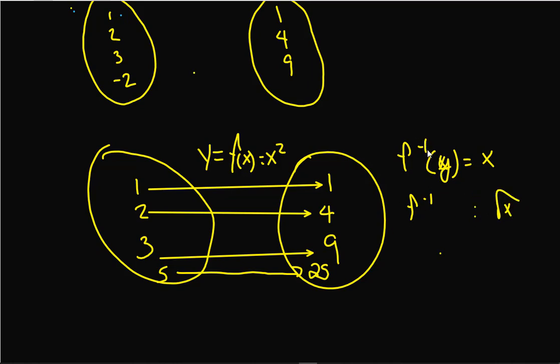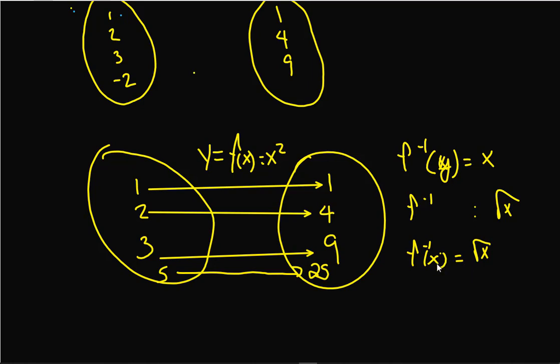I should have written f of y equals x, but now I want to write f inverse of x, just because it looks weird to write f inverse of y equals the square root of y or the square root of x. In either case, it would look strange. So I want to write this as though it's just a regular function, and we usually put x for the input.